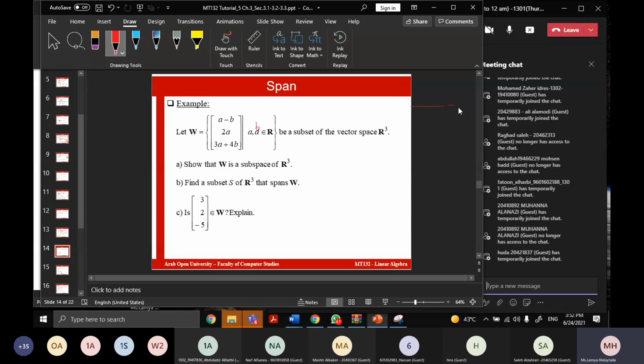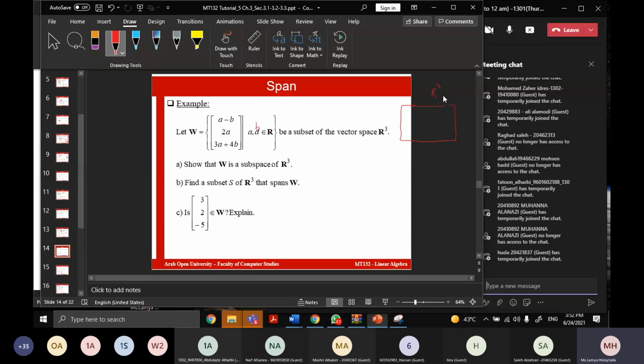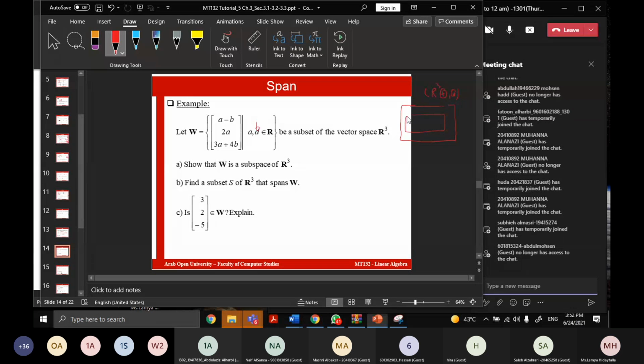This is our space R^3 with the operations addition and scalar multiplication. Correct? We took a set here which is a subset of our big space.